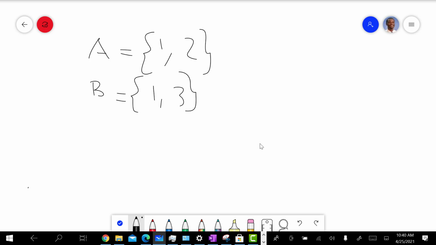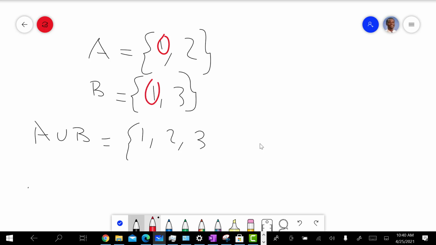A union B, just as we defined it earlier, would consider all the elements of A and all the elements of B. The elements of A are 1, 2. The elements of B are 3, but also 1, because 1 belongs to both A and B at the same time. That's a simple example to show you how this works.